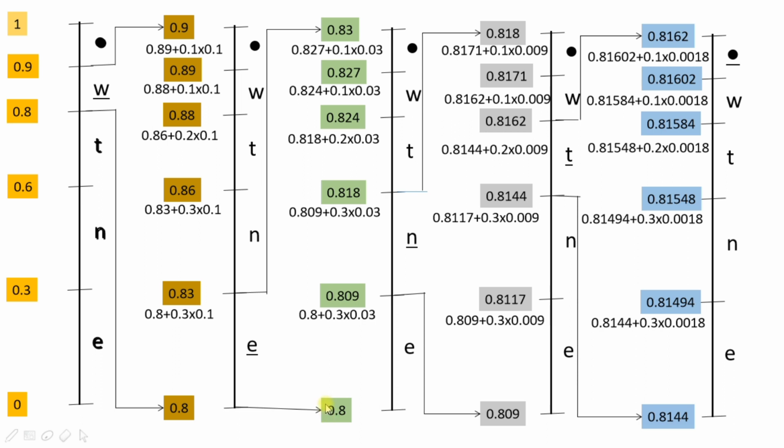Now this probability range is divided into 5 different intervals. For the character E, the upper bound is given by 0.8 plus 0.3 into 0.03. Here 0.8 is the lower bound of E, 0.3 is the probability of E, and 0.03 is this range.